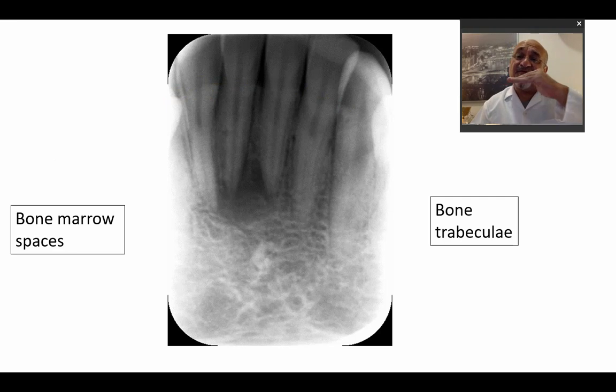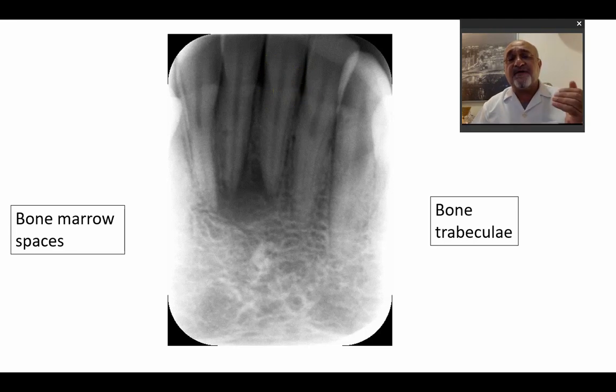This is the level of the alveolar crest. You will see it as a line crossing all over the teeth, and if you concentrate, you will see that this radiopacity goes all the way down. Now, in this radiograph, this is the level of the alveolar crest, and this is the CEJ, the cemento-enamel junction. You see this area? I hope you know this by now. This is just like we've seen in the anterior teeth.